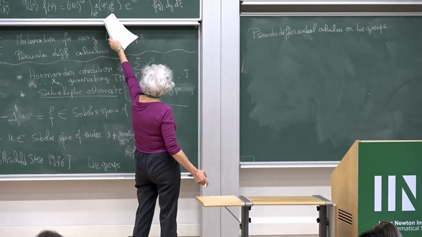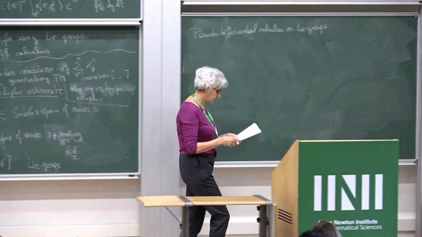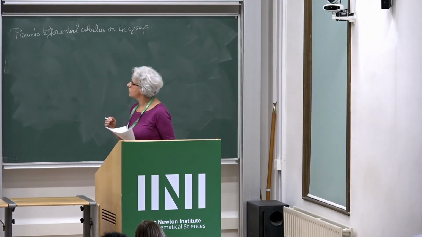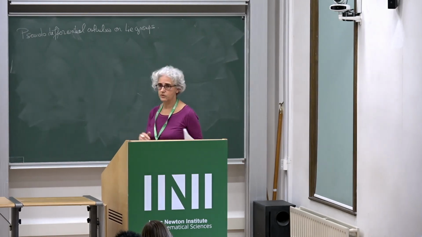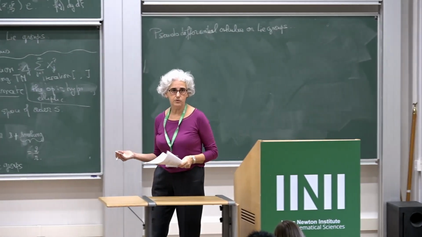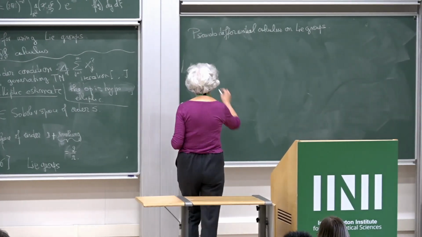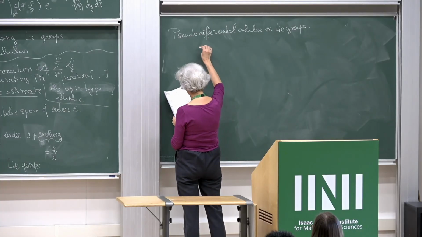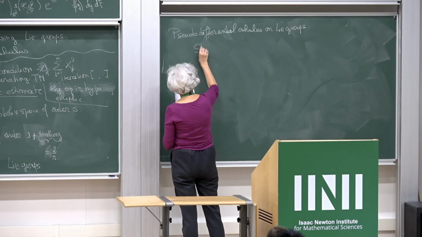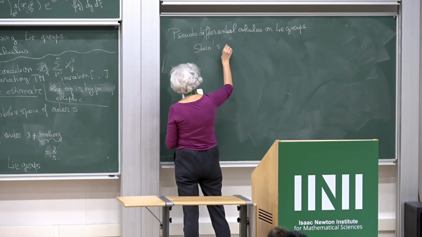Okay, the Fourier transform inside, if you want. There is a close link between pseudo-differential operators and Calderon-Zygmund operators. And that's the way people in the 80s worked on that problem.